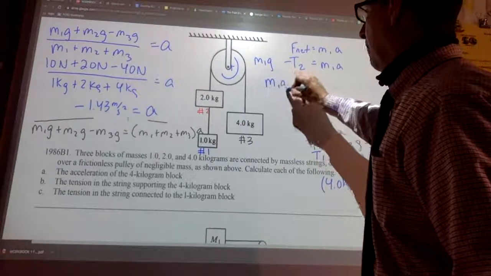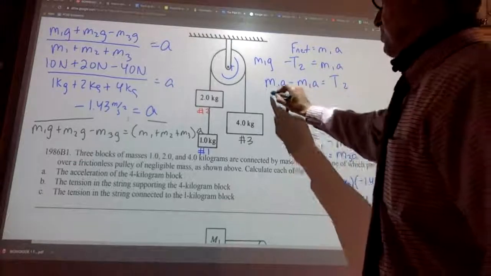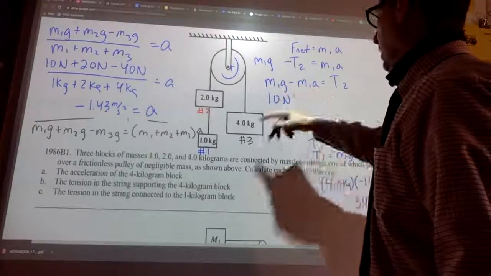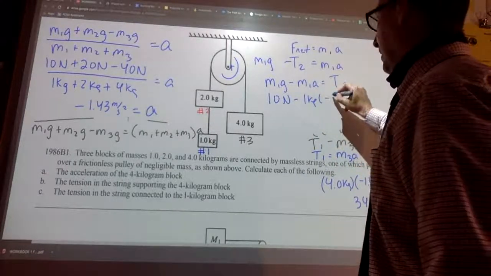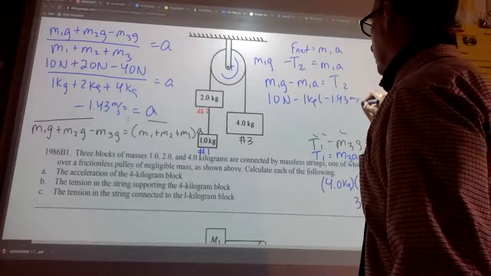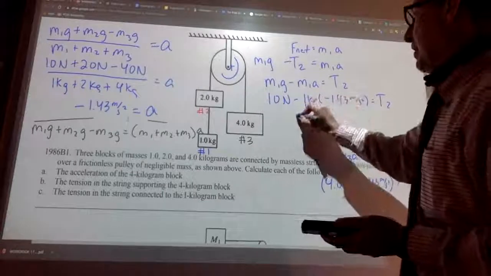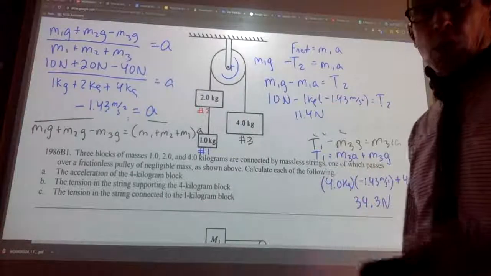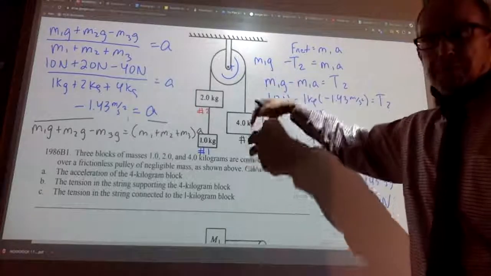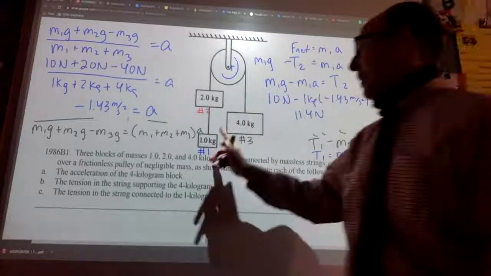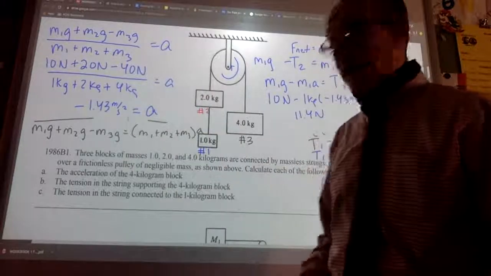So I would have M1G minus M1A is equal to T2. So we said this was 10, and this would be 1 kilogram. And again, I need to put in the negative. And so this is going to give us 11.4, which makes sense. It makes sense this tension is less because this force is making it accelerate down. It makes sense that this tension is more because this force is making it accelerate up more.